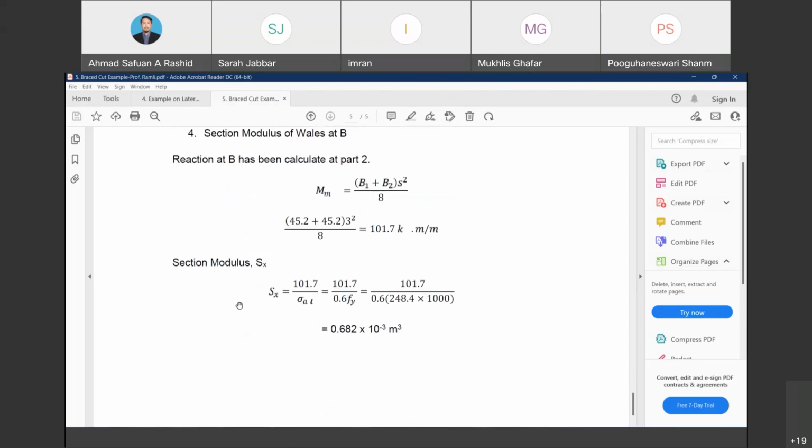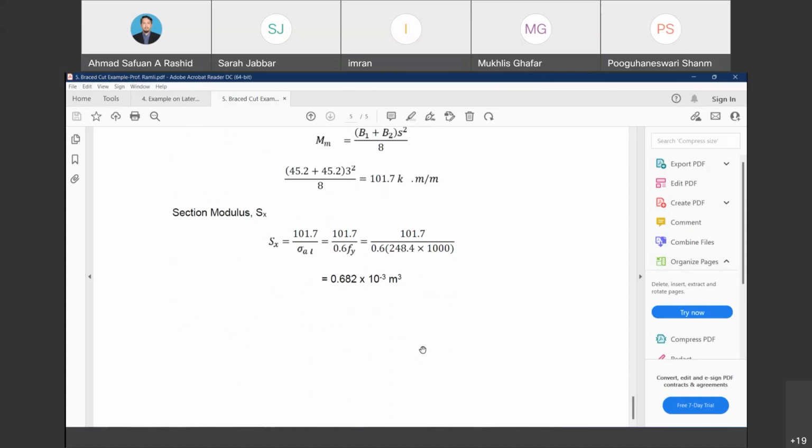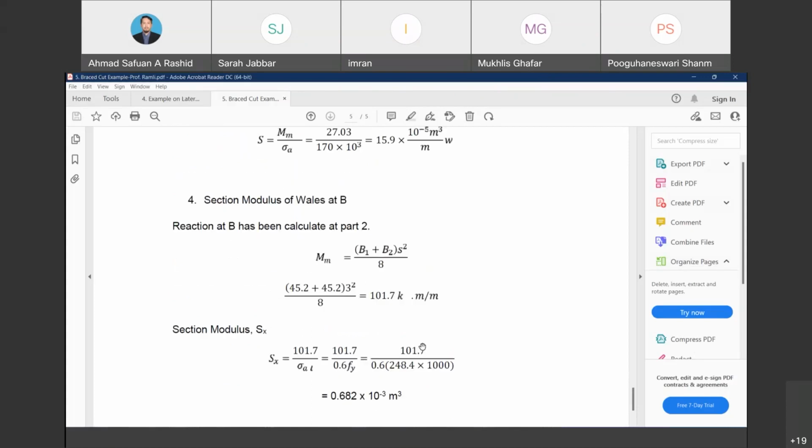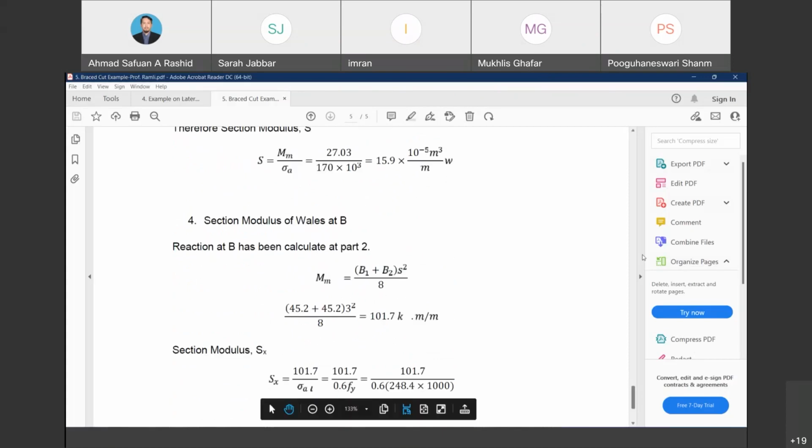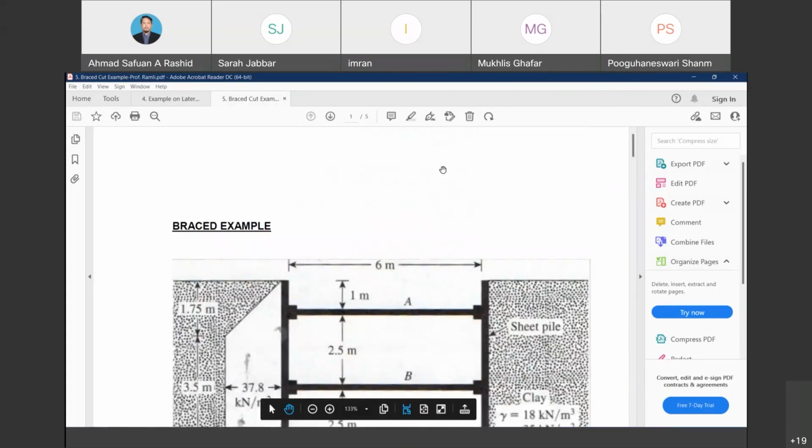From the next calculation, we get the section modulus, which is the reaction over the allowable stress of the steel material. Then we get the value for the section modulus for the wale. So that is all for the braced cut system.